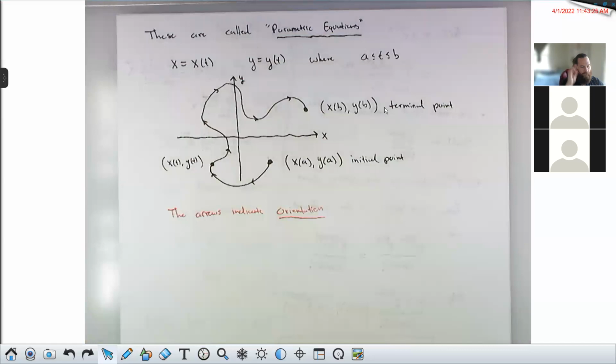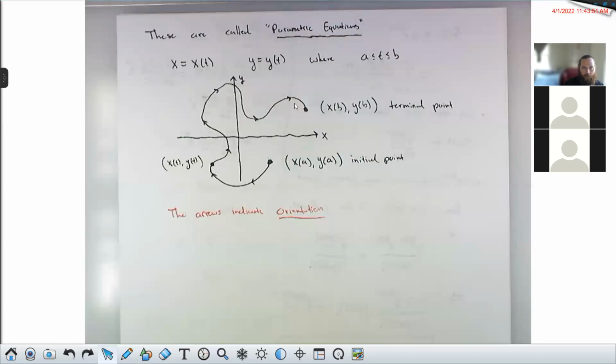So parametric curves have this feature called orientation, meaning that you start somewhere and you walk in a particular direction along the curve, right? I could start over here and walk this way along the curve. But by calling this the initial point and this the terminal point, I'm inducing a particular orientation, saying I'm going to start here and walk this direction along the curve.